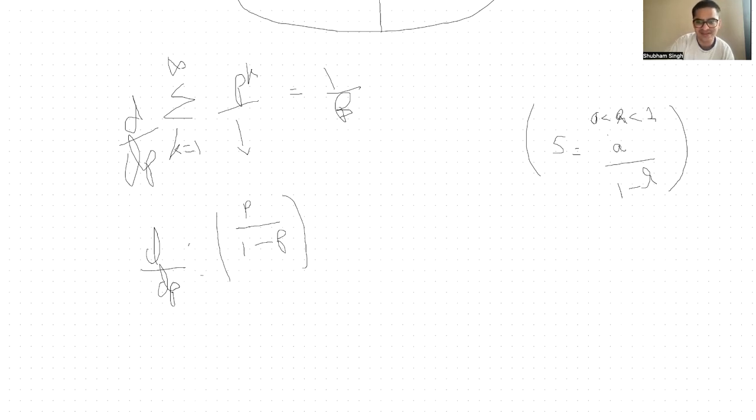Oh yeah, here it is. This is equal to, you can use the u by v rule, or you can use substitution. Any of that works, and it comes out to be 1 over 1 minus p squared. I used Wolfram Alpha, so it comes out to be something like this.